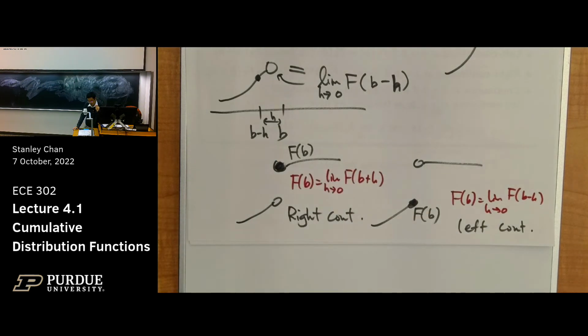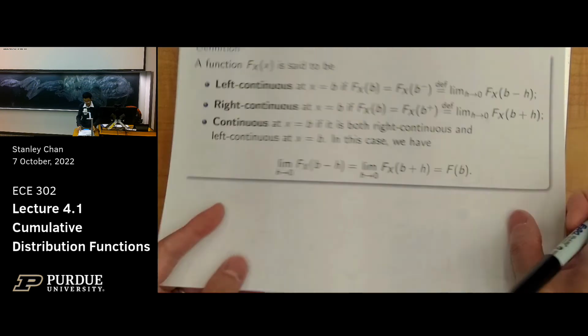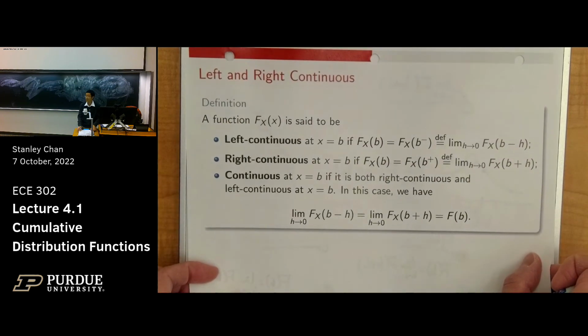This is called right continuous. I know it's confusing, left and right, but it's called right continuous. This is called left continuous. If a function is both left and right continuous, you say that it is a continuous function. So that is the meaning of all these crazy words.